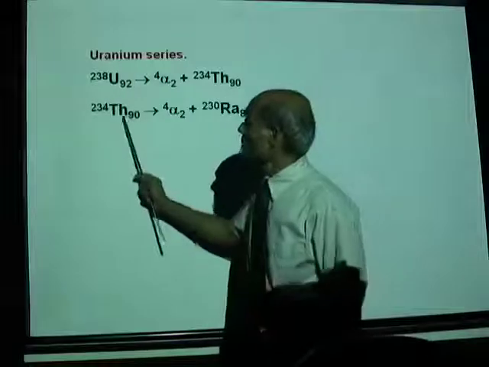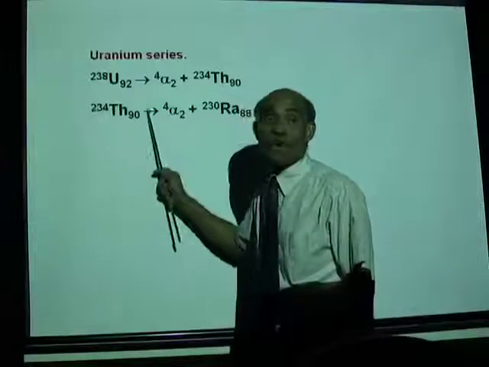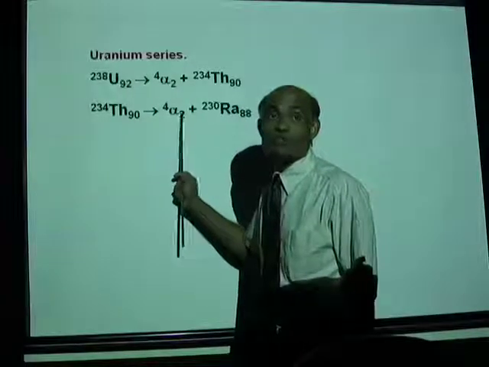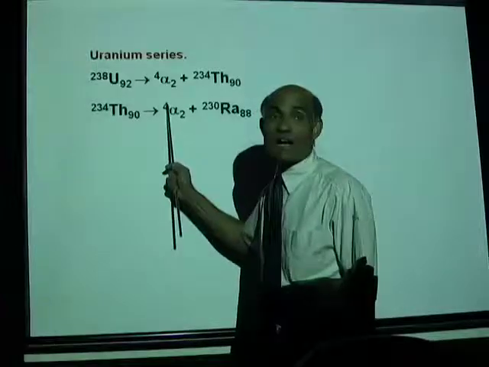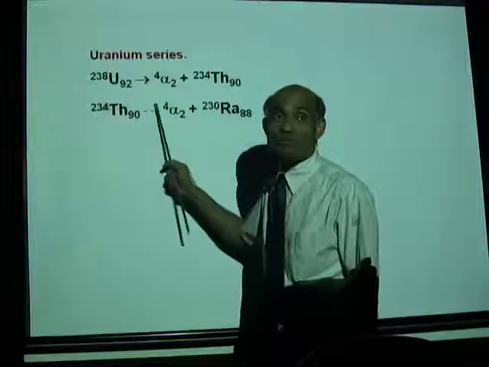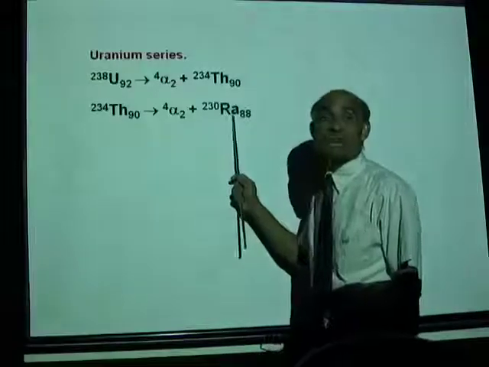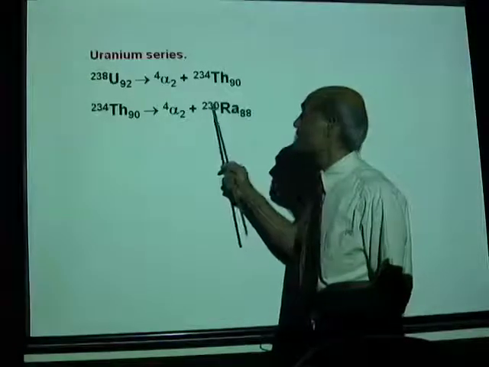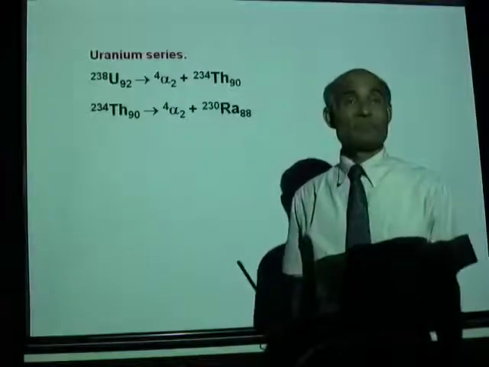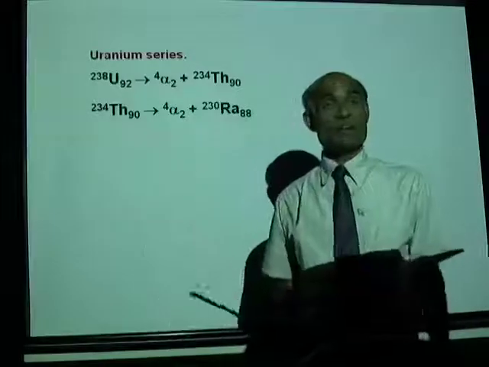Well, thorium-90-234 emits an alpha, loses 2 protons, and the mass number will reduce by 4, leaving an isotope of radium, radium-88-230. Well, of course, that is radioactive.